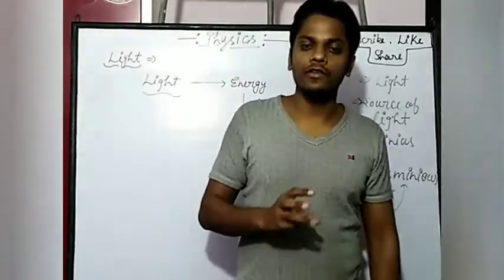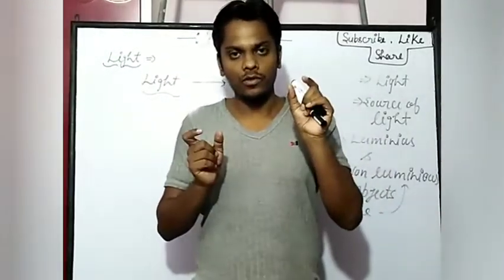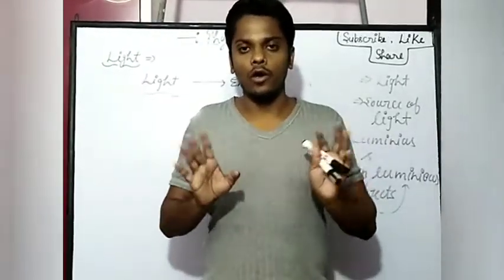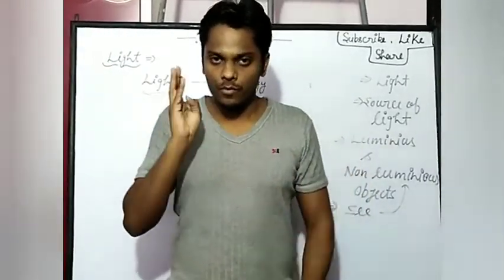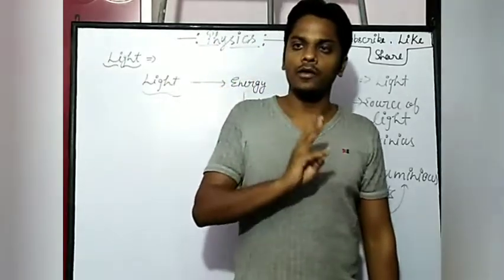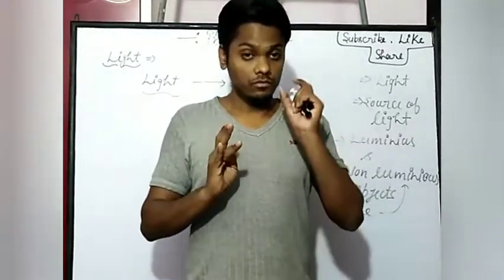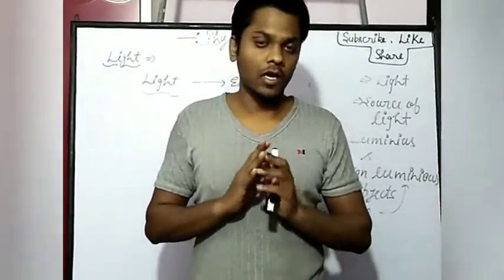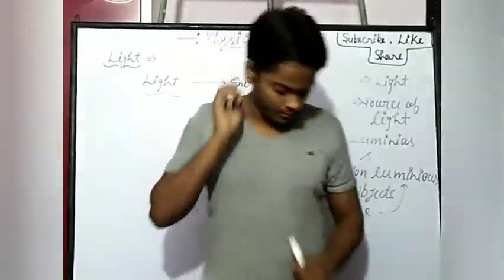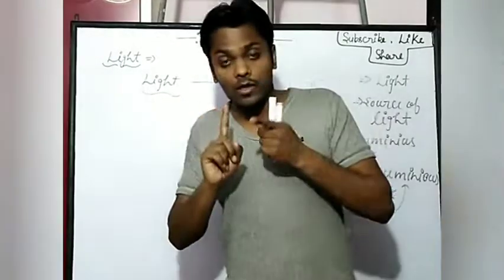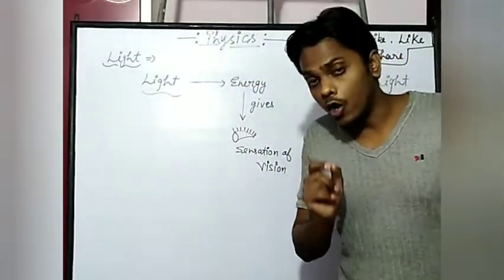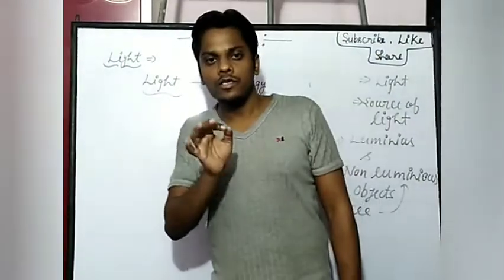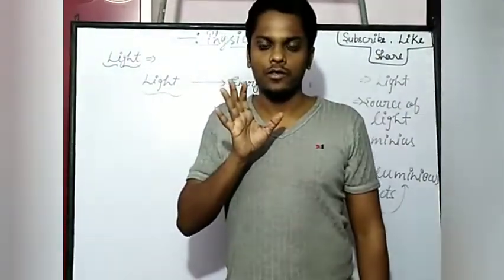There is a difference between sun and moon, and among the LED, moon, sun, rod, and headlight of a bike, they all are different. Why? See, the sun has its own light.